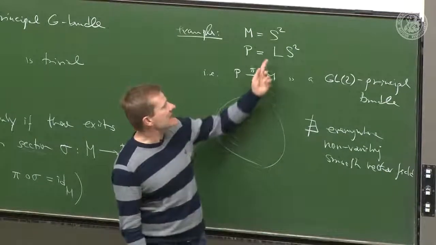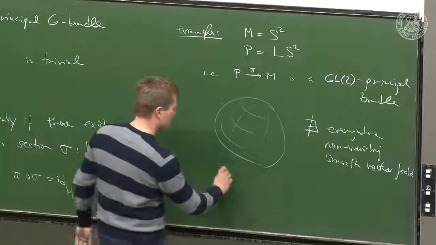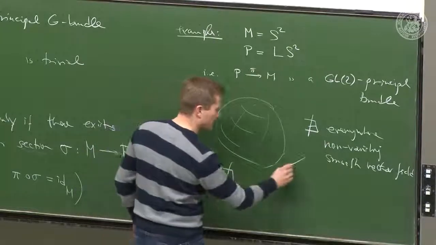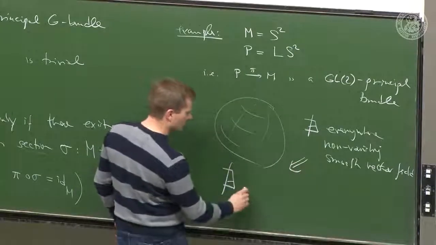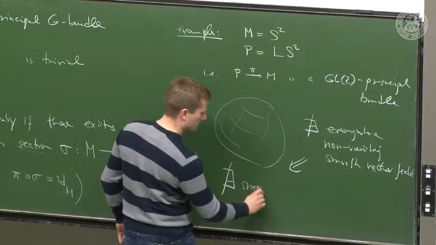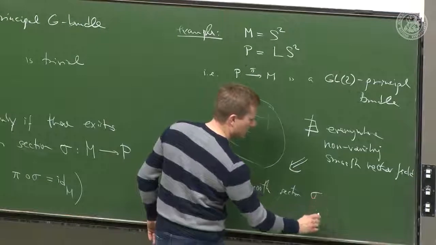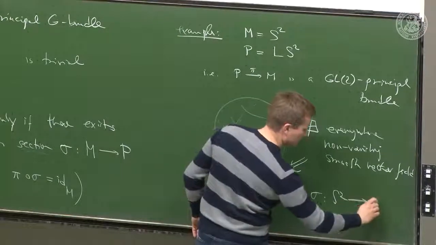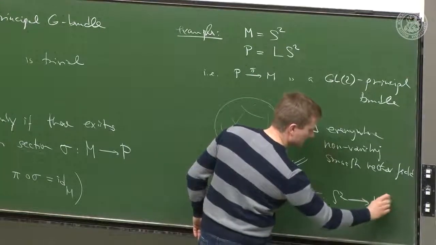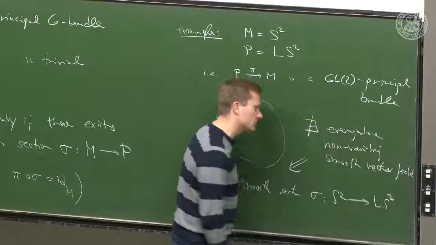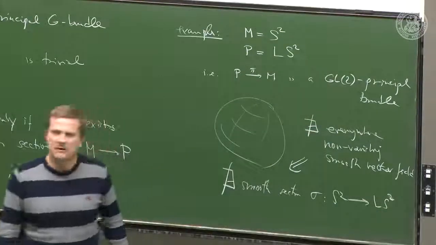So that means there is no section. From this it follows there exists no smooth section sigma that would assign to every point of the two-sphere a point in the frame bundle.